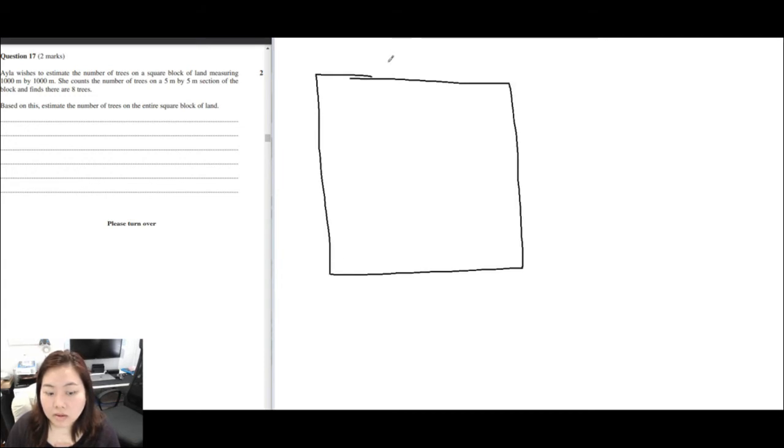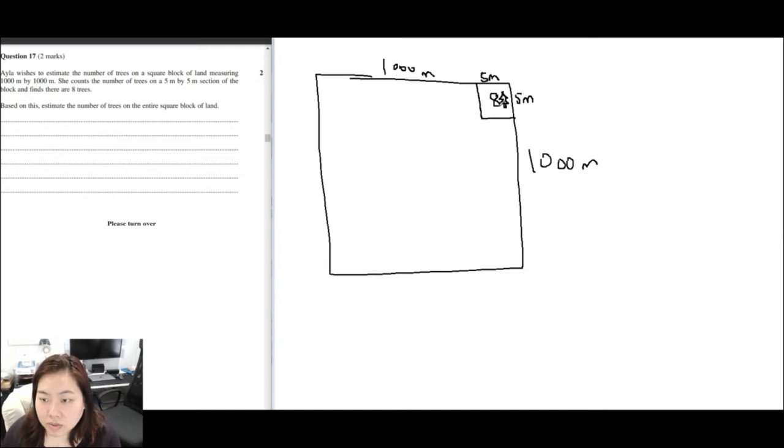Okay. For 1,000 meters by 1,000 meters, she did a 5 by 5 meter block and found that there are 8 trees. Let me do my little artwork. There you go.